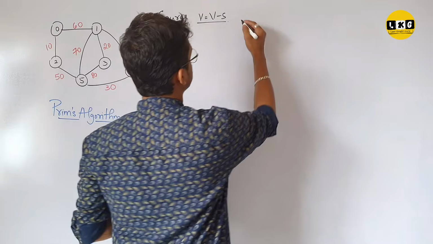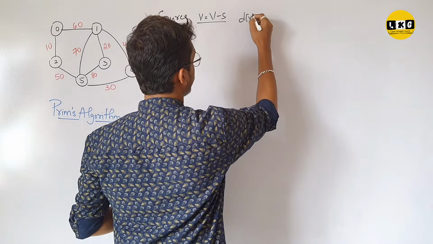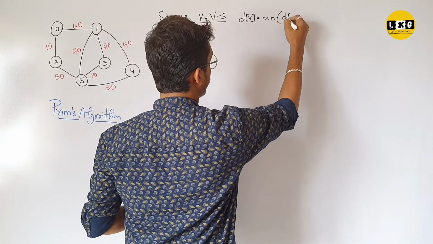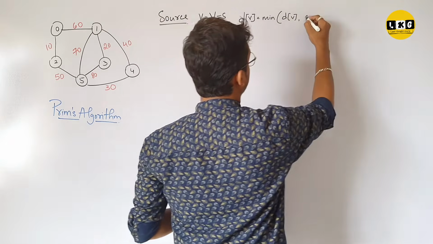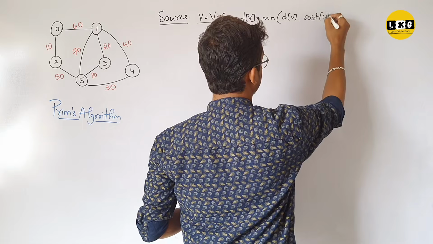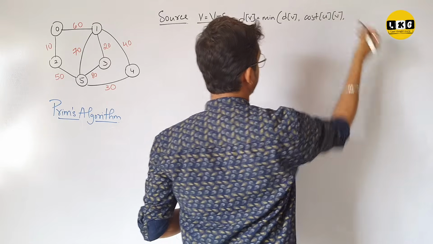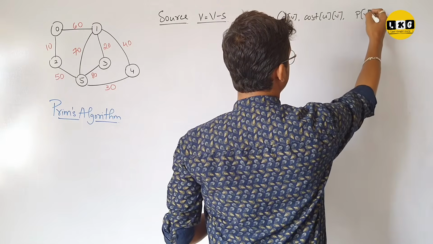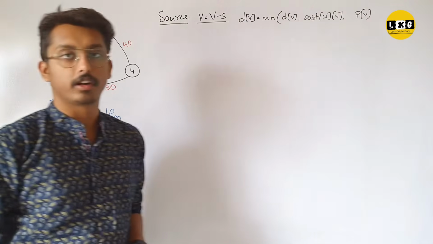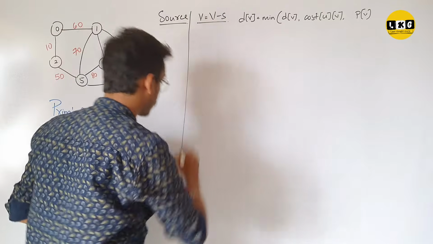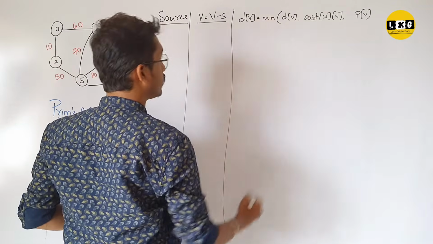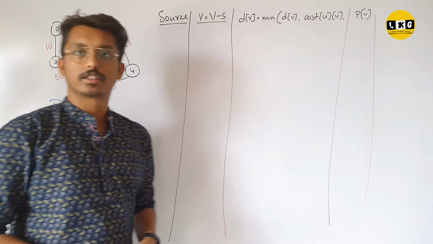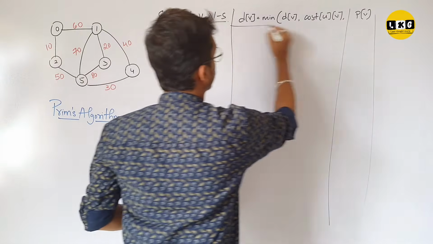The next one is D of V = minimum of D of V, comma, cost from U to V. And the last one is parent of V. So we have four columns here: source, V = V - S, D of V, and parent of V. First we will solve this table.